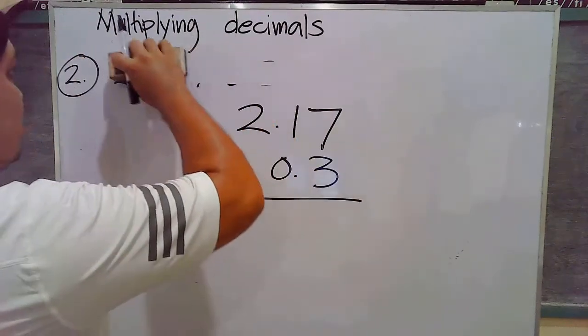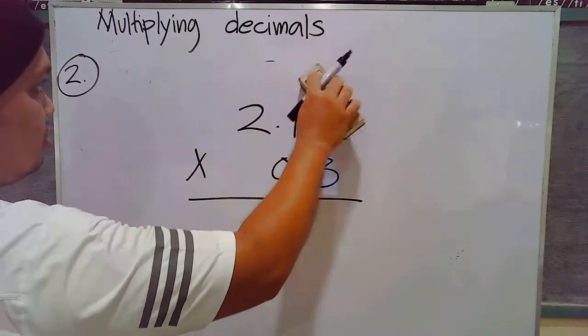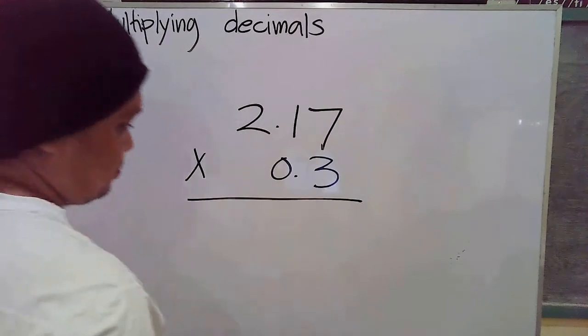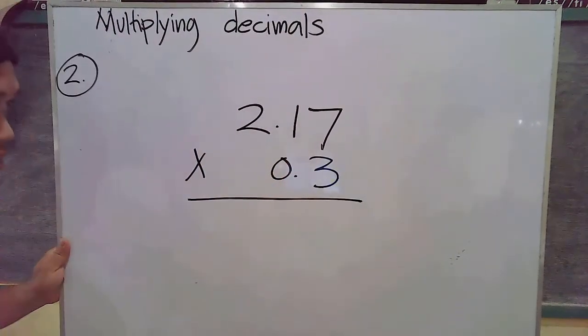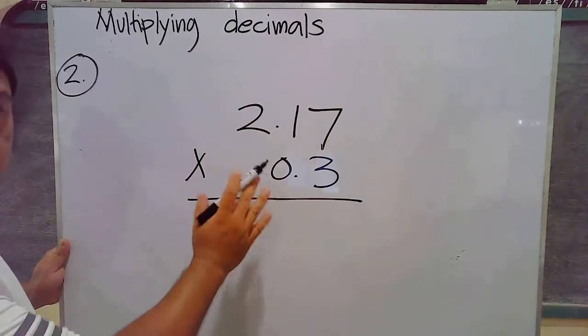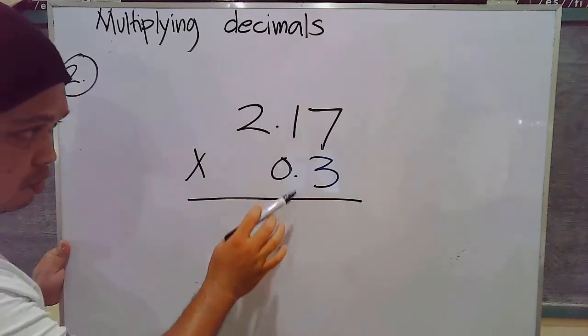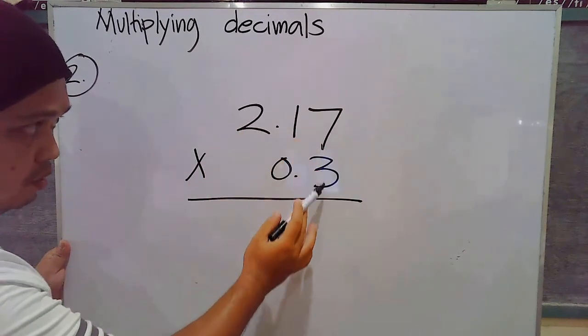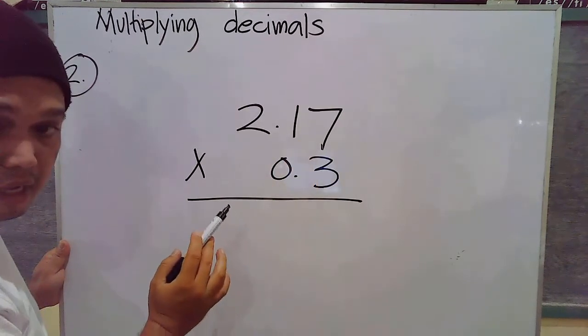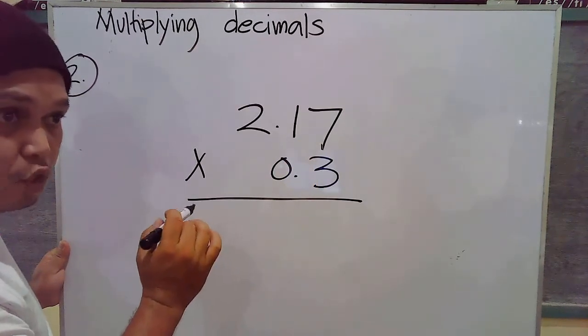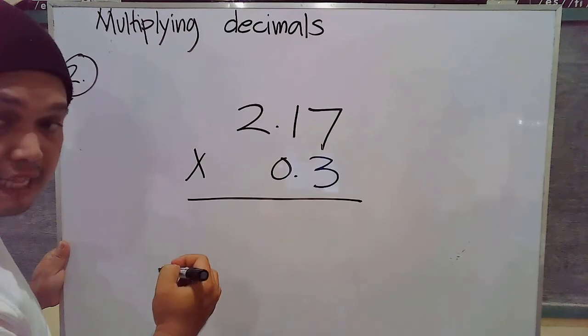Okay, let's erase this so that we have space in our answer. So this is what it looks like. We arrange the numbers in column, aligning all the last digits, and we're going to multiply now, just like whole numbers.